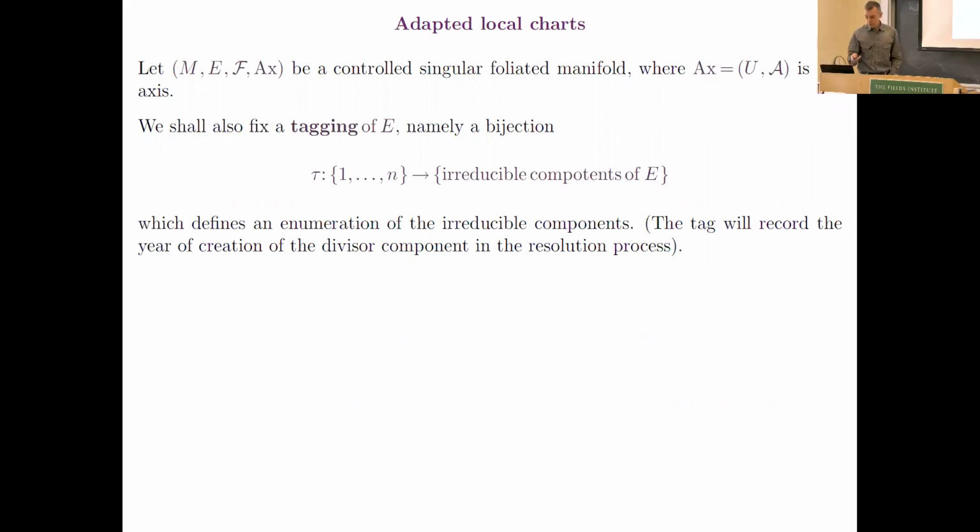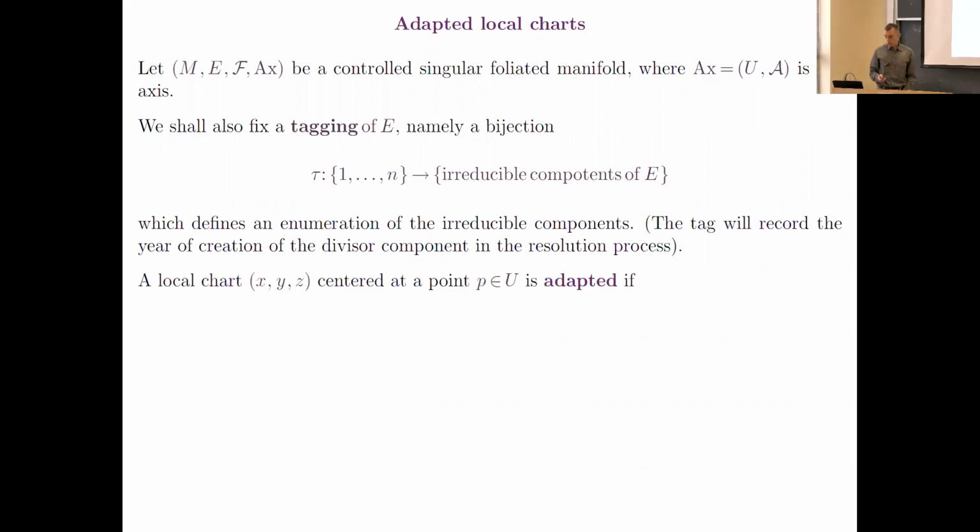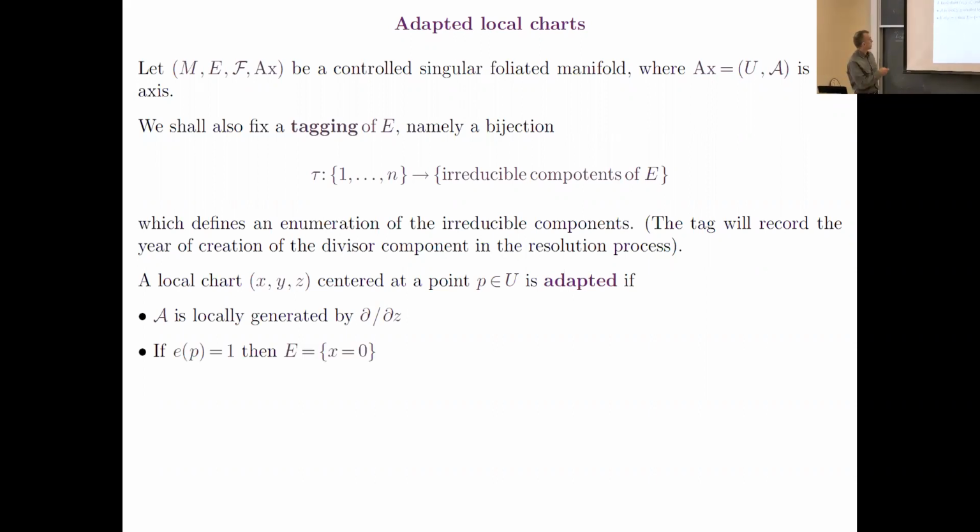Okay, so given this tagging and all the preceding data, a local chart is adapted if the axis is given by the vertical vector field d over dz, as in the picture that I mentioned before. If at the point P you have one component of the divisor, then it should be given in these coordinates by x equals 0.